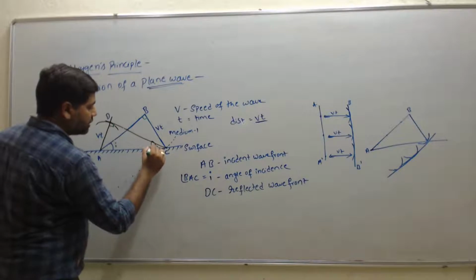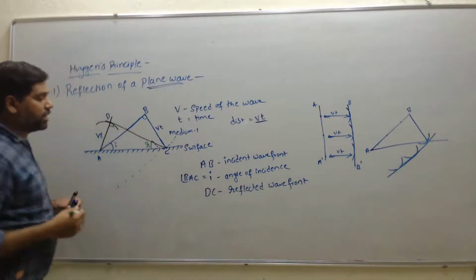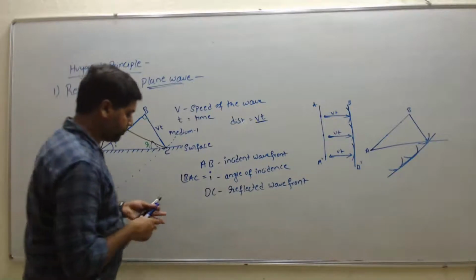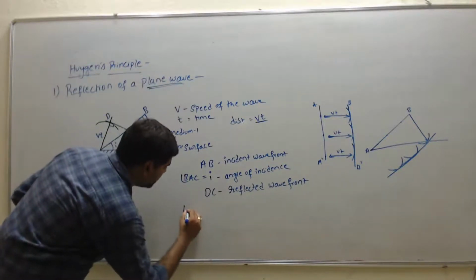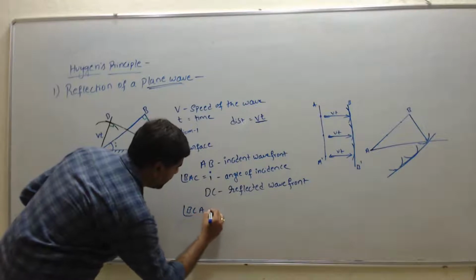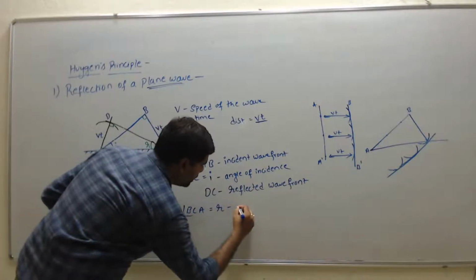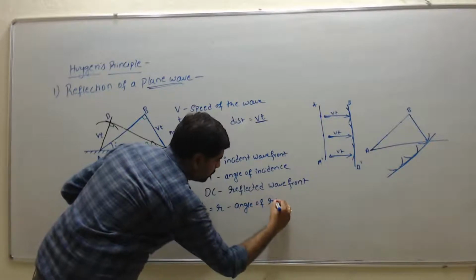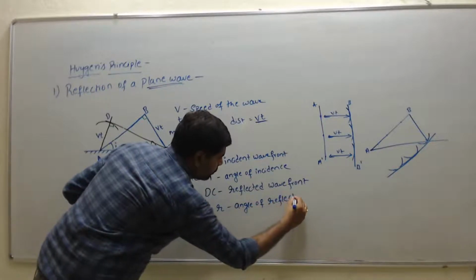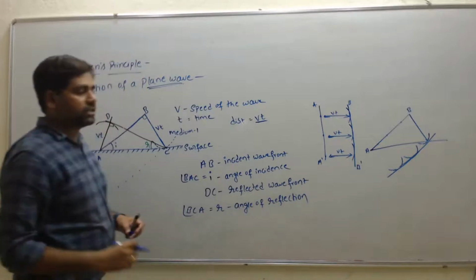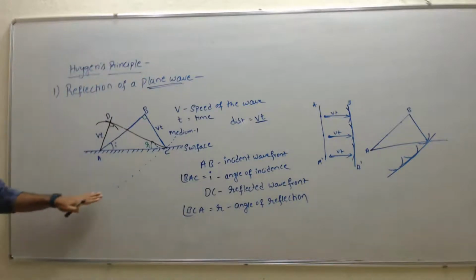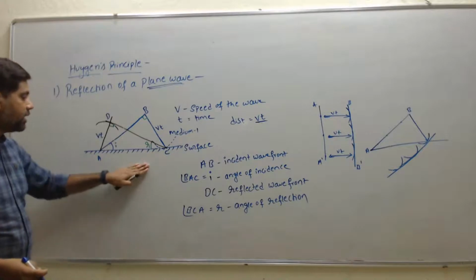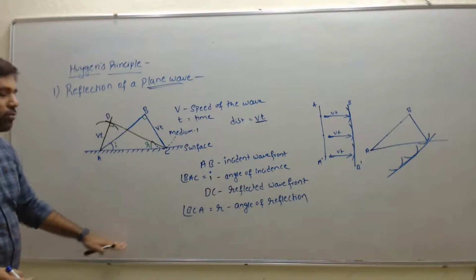Then this angle is the angle of reflection. So angle BCA is equal to R, the angle of reflection, right? So this is how we constructed the reflected wavefront.